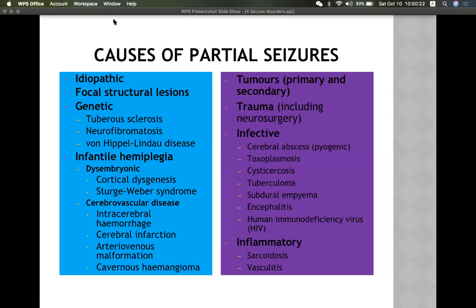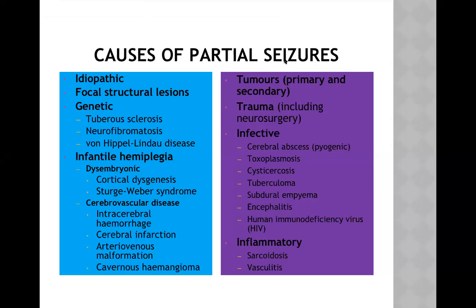Now let's move further. What are the causes of partial seizure? Partial seizure is one type of seizure disorder, so let's talk about the causes. Idiopathic means we do not know the cause even after good investigation.